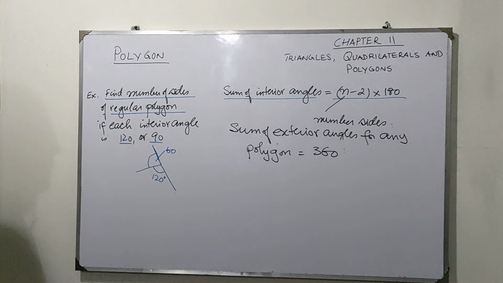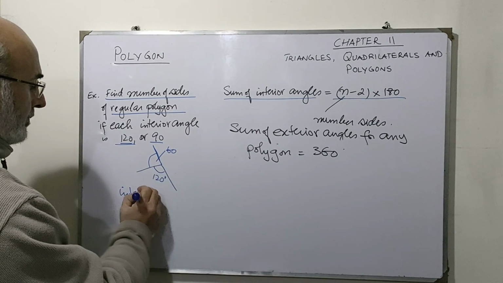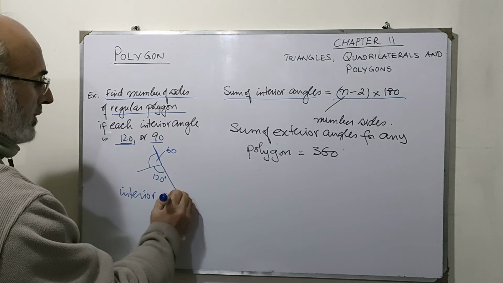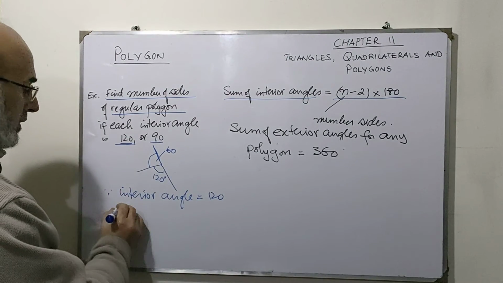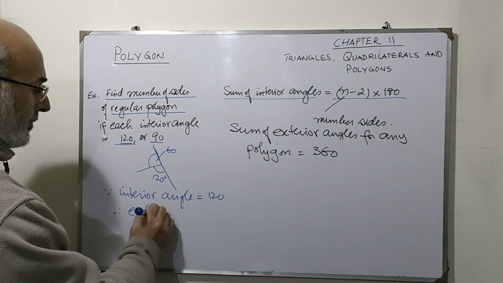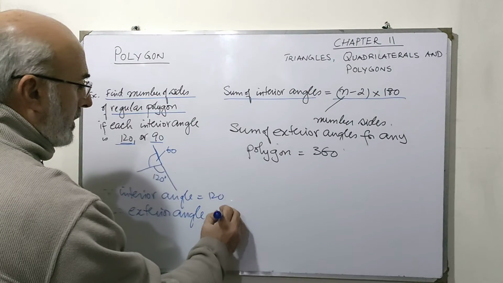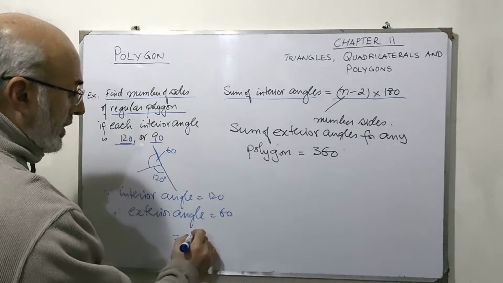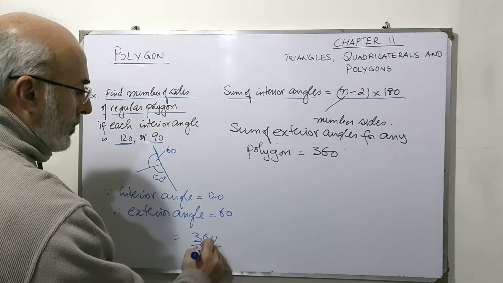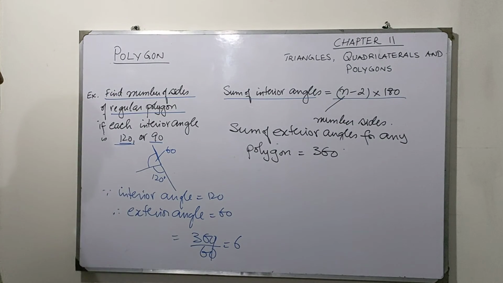So what am I going to do? For this case, the interior angle equals 120, therefore the exterior angle equals 60. So if the exterior angle is 60 degrees, what am I going to do? 360 divided by 60. So it's 6-sided, it's a case of a hexagon, right?